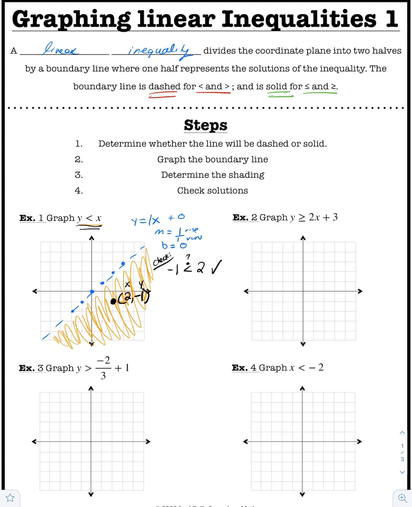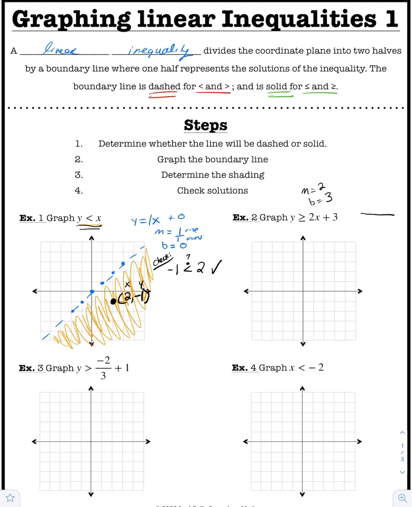Let's do another example. We have y is greater than or equal to 2x plus 3. That greater than or equal to is telling us we're going to be dealing with a solid line. So we can make ourselves a little note up here that we're going to be dealing with a solid line. Our boundary line is 2x plus 3. Note here that our slope is 2, our y-intercept is 3, and we're going to go ahead and graph and plot that.